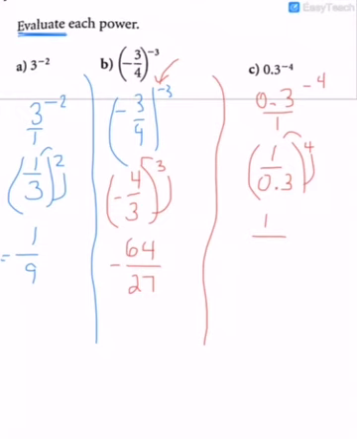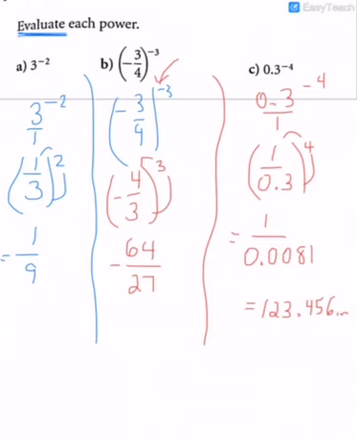So 1 to the power of 4 is 1, but 0.3 to the power of 4 is 0.0081. And you can type this into your calculator too, and go 1 divided by 0.0081, and you'll get 123.456, and it keeps on going, something like that.